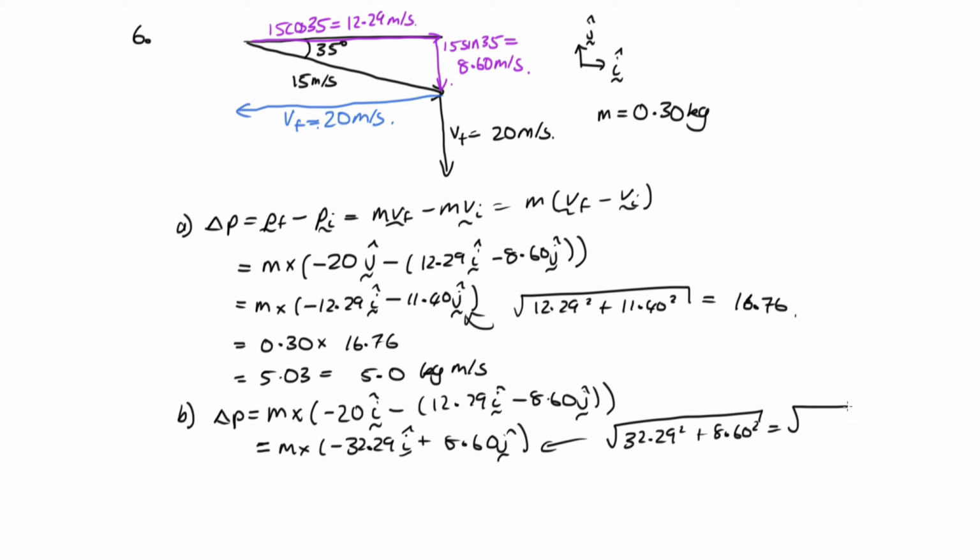So this is the square root of 1116, which is equal to 33.4. And so the change in momentum is 0.30, the mass, times 33.4. And solving that, we get 10 kilogram meters per second as the magnitude of the change in momentum.